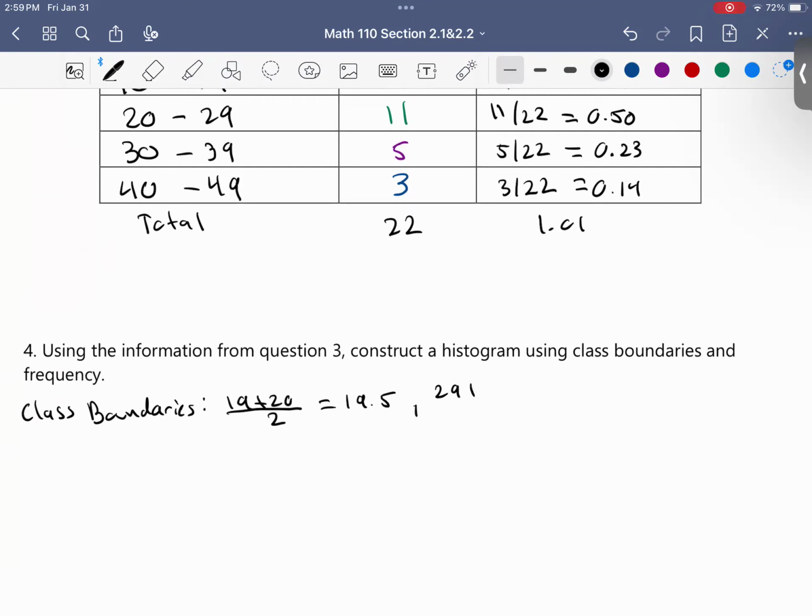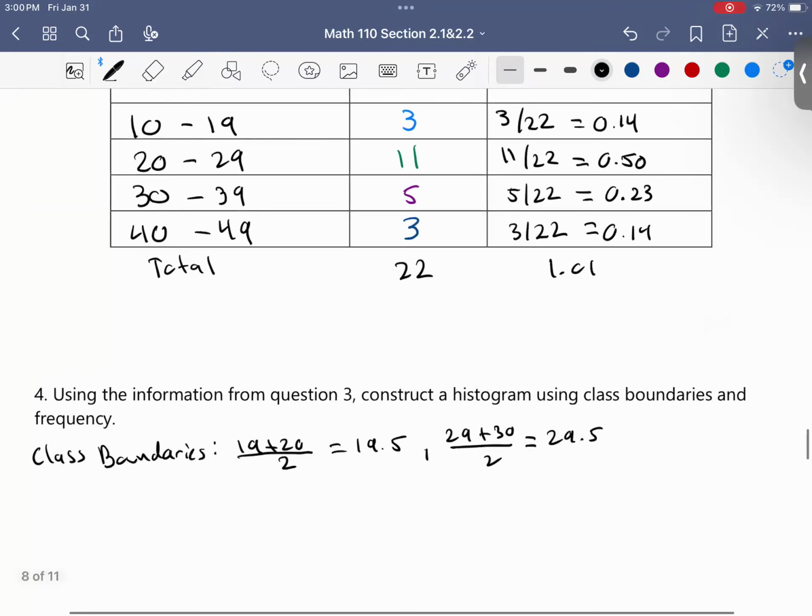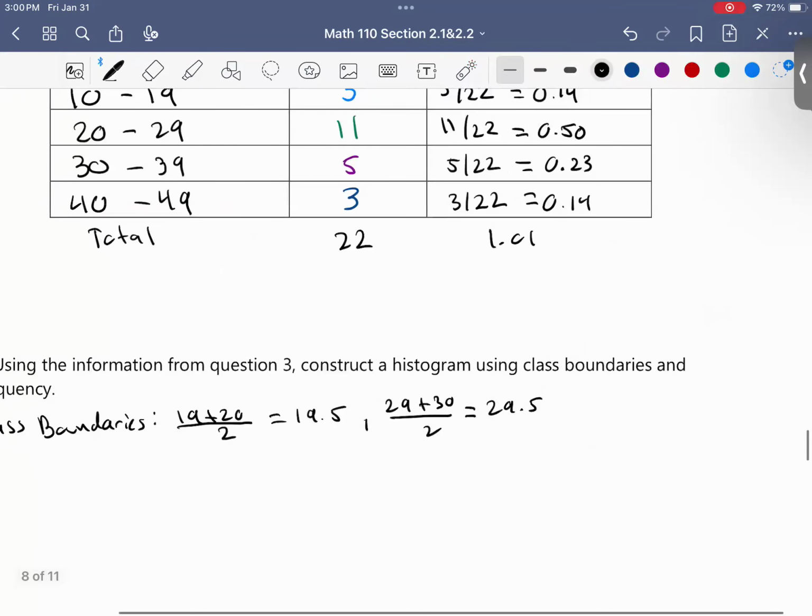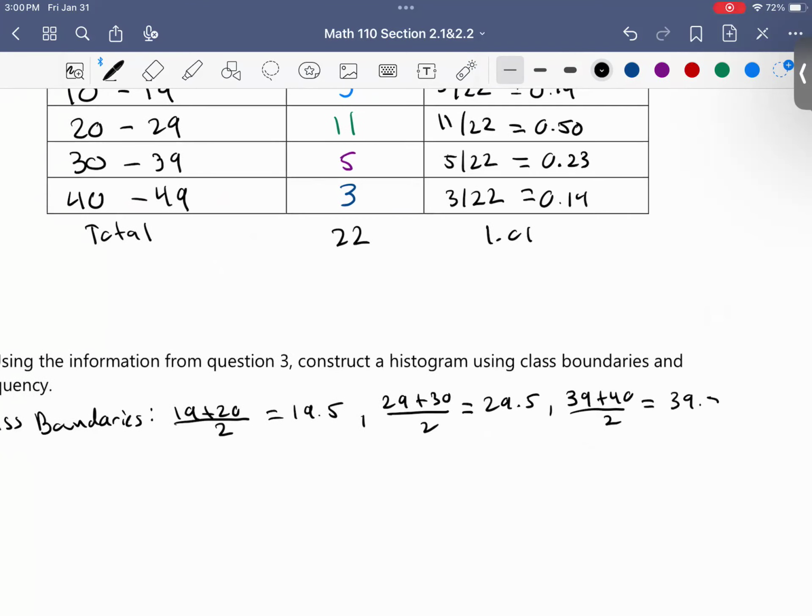So 29 plus 30 divided by 2, that is 29.5. Class boundary between 39 and 40, same process. 39 plus 40 divided by 2, that is 39.5.